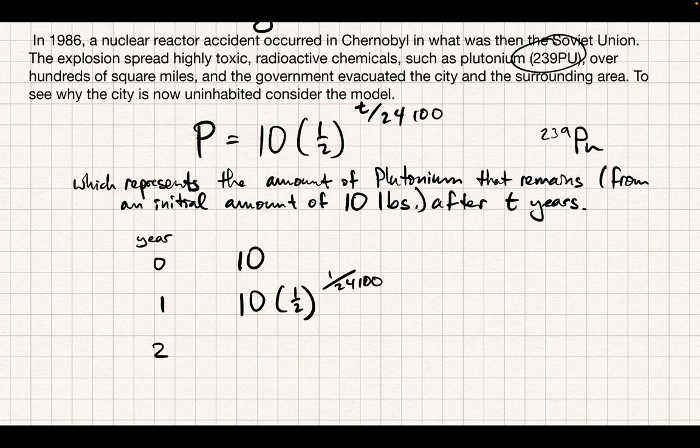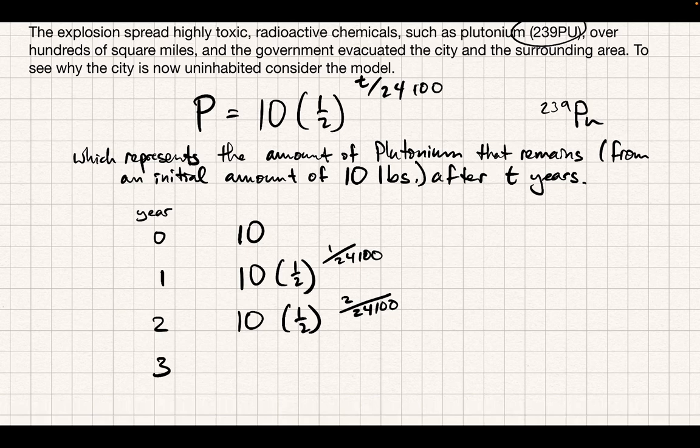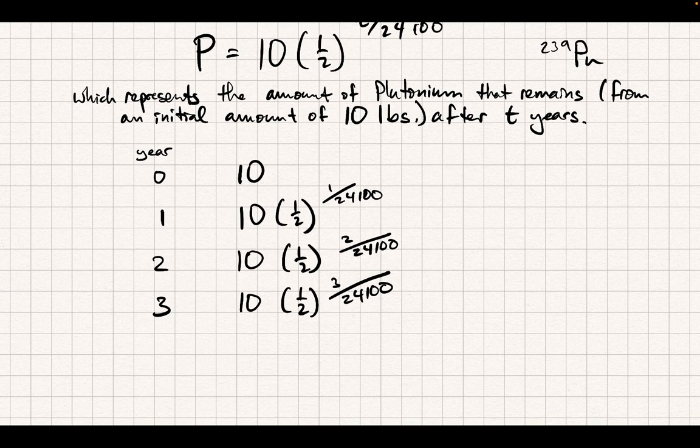At the end of 2 years, I have 10 times 1/2 raised to 2 over 24,100. This is kind of an unsimplified fraction, but I'm doing it for a reason. After the end of 3 years, I'm going to have 1/2 raised to the 3 over 24,100.